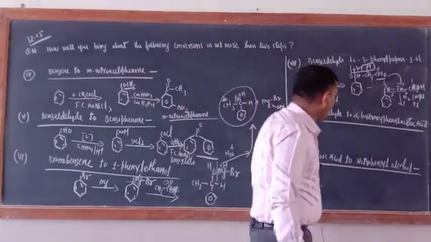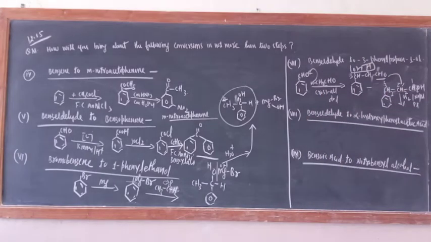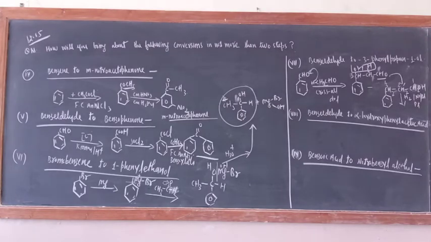Benzaldehyde to alpha hydroxyphenyl acetic acid. It is easy. See, benzaldehyde to alpha hydroxyphenyl acetic acid. Actually, first let me generate. I will write this side because this is a little bit easy and complex also.